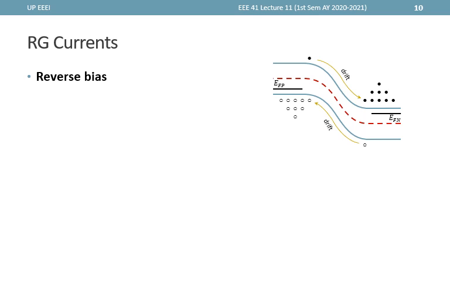So the next part of our discussion will be focused on RG currents, which we tried to avoid in our ideal diode analysis. What we're referring to here is the RG that happens within the depletion region. Now consider this reverse bias case, where minority carriers are drifting from one side to the other.